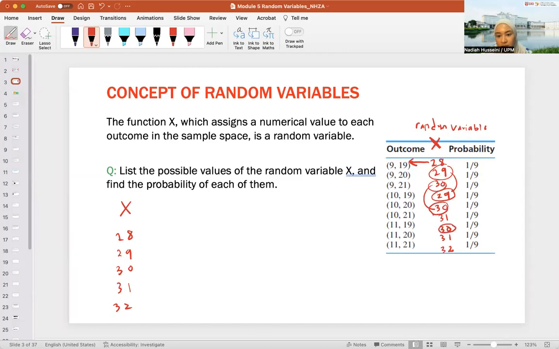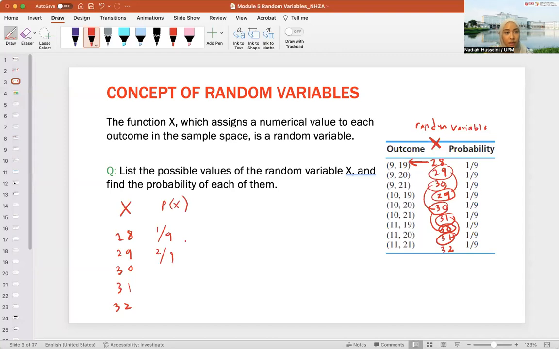Sorry, 3 and these two. So 29 has 2 pairs. So the random variable 28 has a probability of 1/9. This is P of X, okay? And the probability of random variable 29 is 2/9.